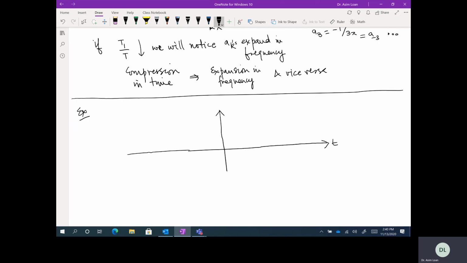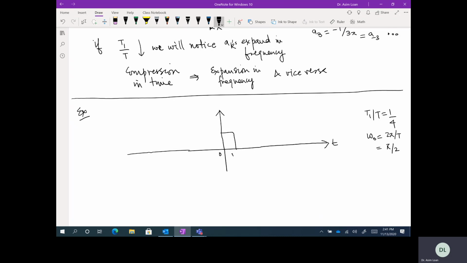So again, T1 by T is 1 by 4, and omega naught is 2 pi by T, which is equal to 2 pi into T1 over T. When we do that, this is simply pi by 2, because T1 by T is 1 by 4. So T is 4, and T1 is 1.